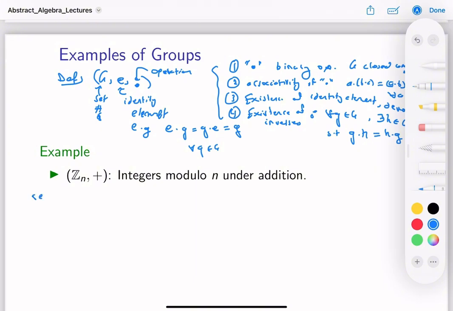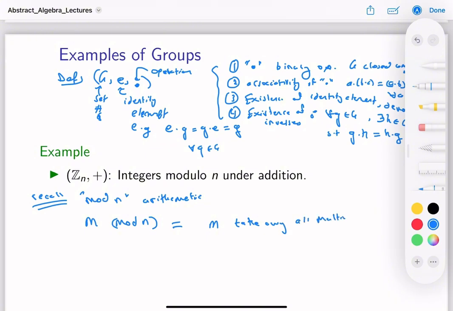So recall modulo n arithmetic. What does that mean? So m modulo n is equal to m minus all multiples of n in m.